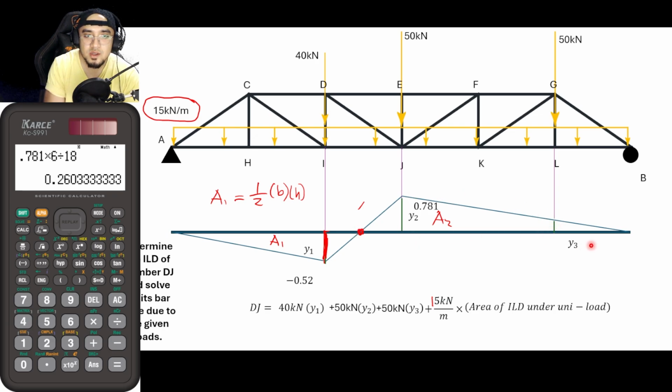Same is true with area 2: 1/2 times base times height, where the base is the whole dimension from this point to this point, and h is y2, or 0.781.